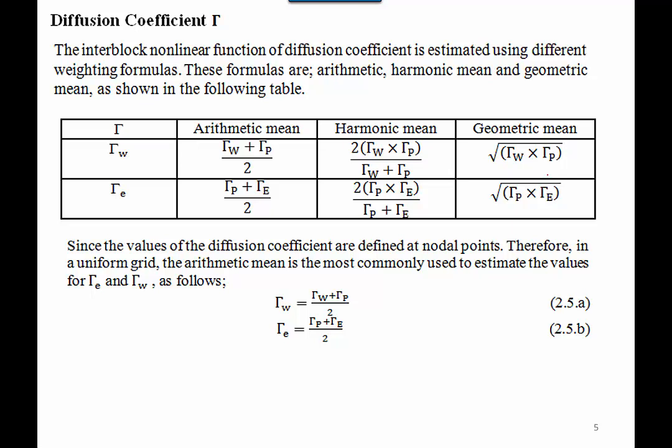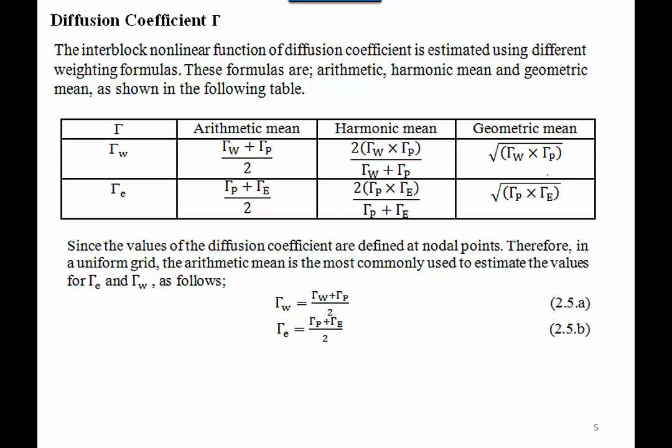That means at each point there will be a solution of T. So the value of thermal conductivity will change according to the location of this point. So there will be a distribution of K in the domain.